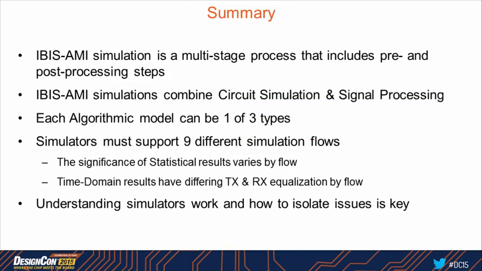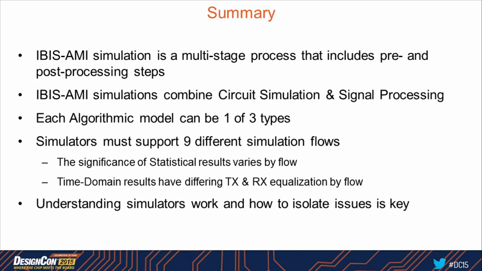So my point here, number one, IBIS-AMI simulation, even though we tend to run the analysis and just look at the eye diagrams, we need to understand that it's really a multi-stage process that includes multiple pre and post-processing steps, that they involve a combination of circuit simulation and signal processing techniques, and that an individual algorithmic model can be one of three types, and therefore the simulators have to support 9 different combinations of transmitter and receiver.